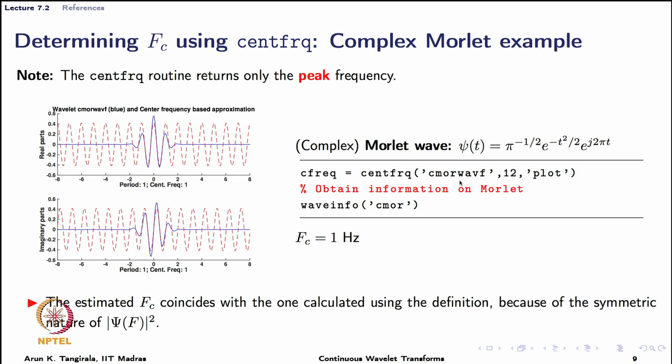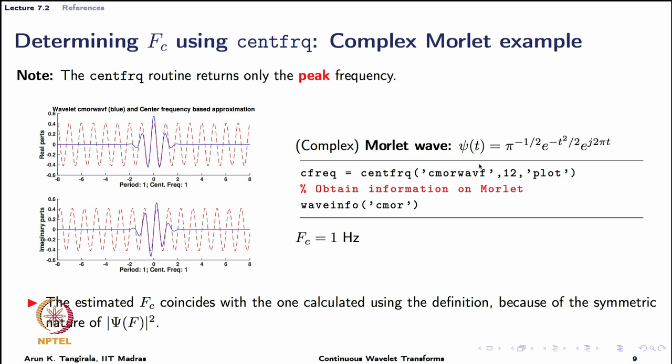It actually computes the complex Morlet wave over an interval of -8 to 8, but over a grid size of 2 power 12 points, that is 4096 points. And the last argument asks this routine to plot the sine wave, or you can say approximately that sine wave of the particular center frequency that it has computed.